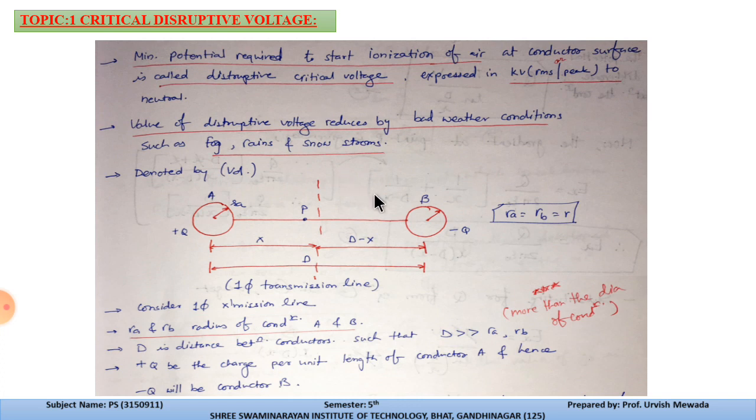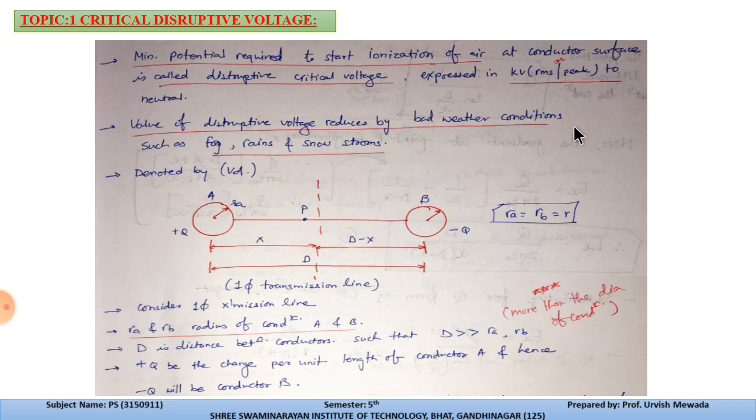The minimum potential required to start the ionization of the air at the conductor surface is called the disruptive voltage, and it is expressed in kV RMS per phase to neutral. The value of the disruptive voltage reduces in bad weather.